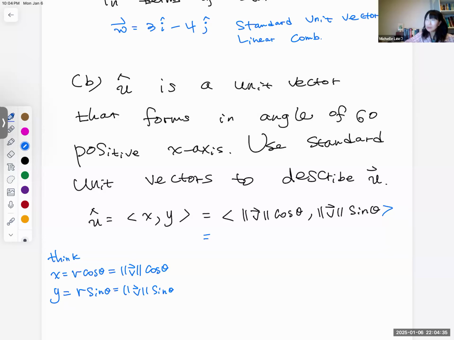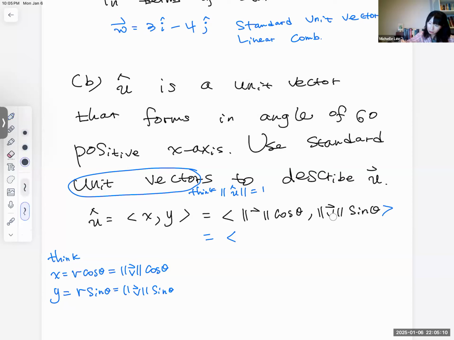Then we know that the unit vector has a magnitude of one, right? Okay. Then you might get confused, so let me write down u instead of v. How about that, right?